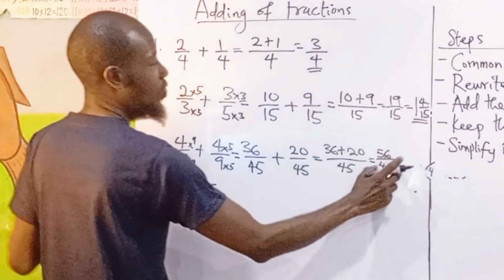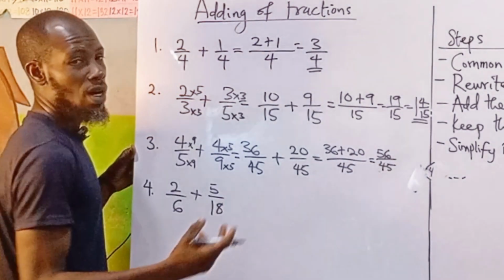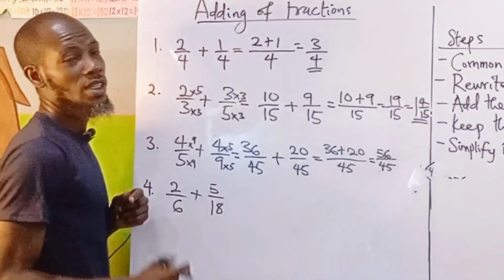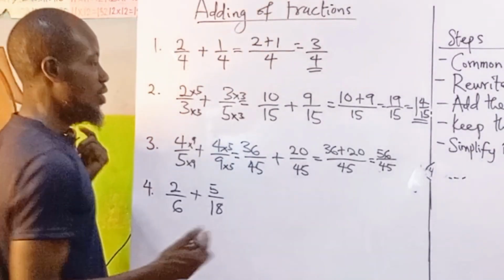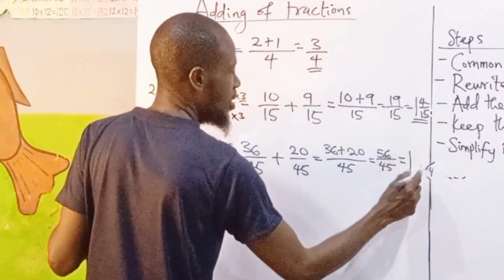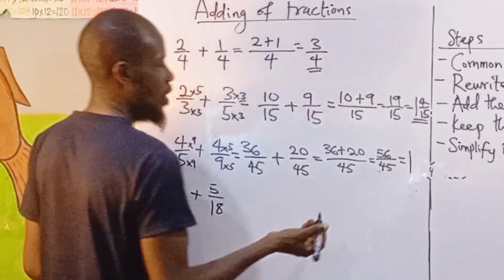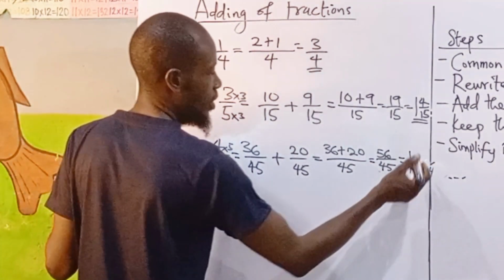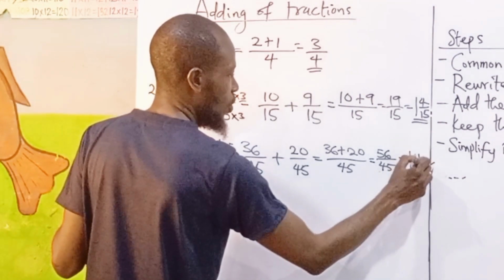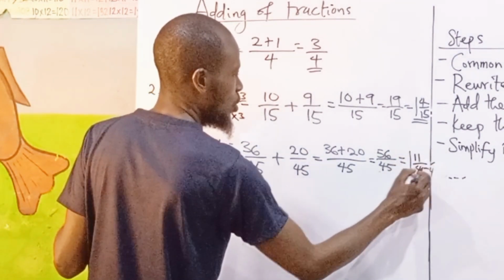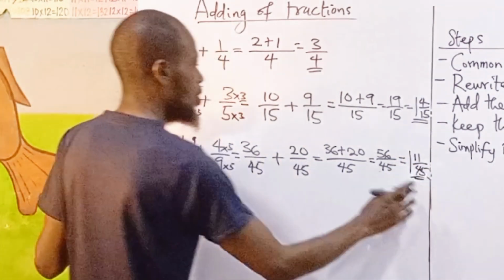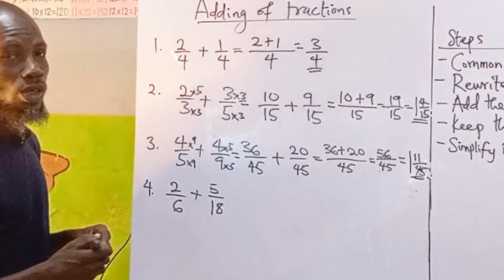Now, how many whole 45s can we get in 56? We just have 1. So what will be the remainder? We have 11 over 45. So this is the answer for the second question.